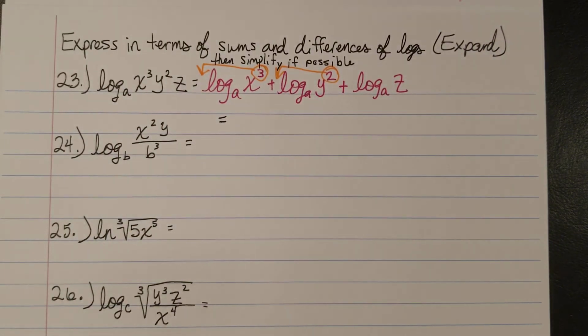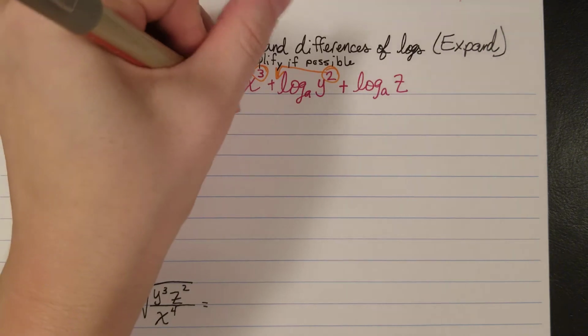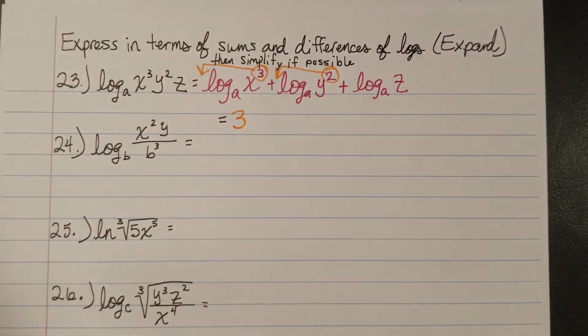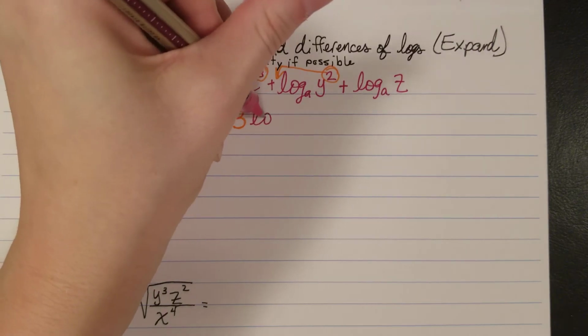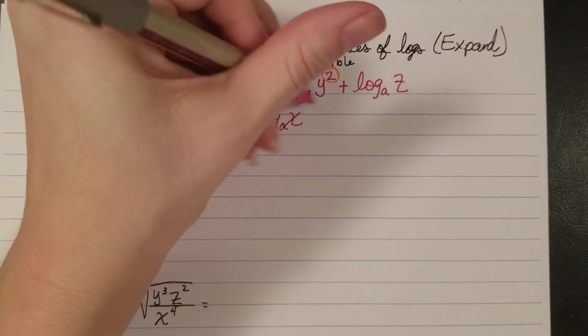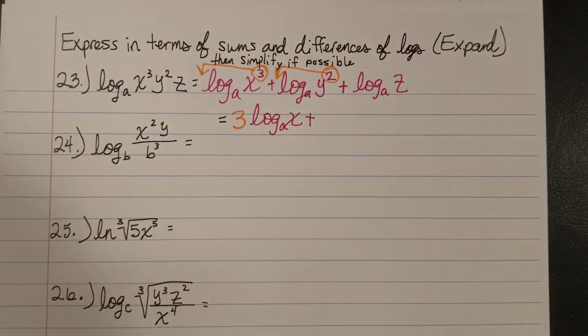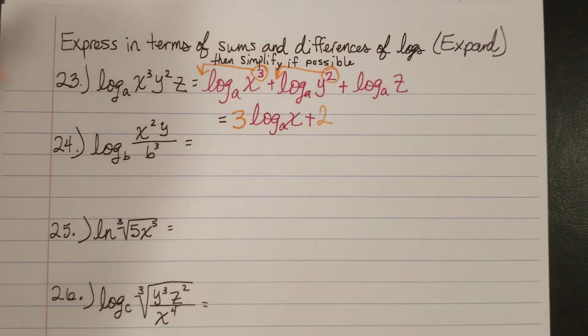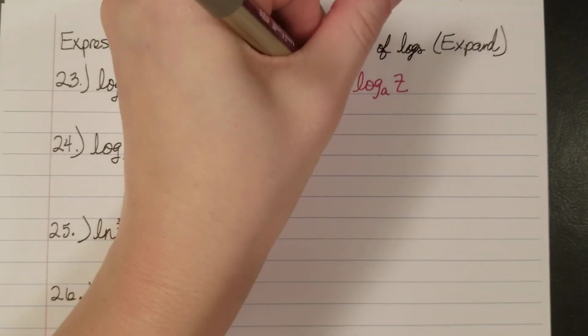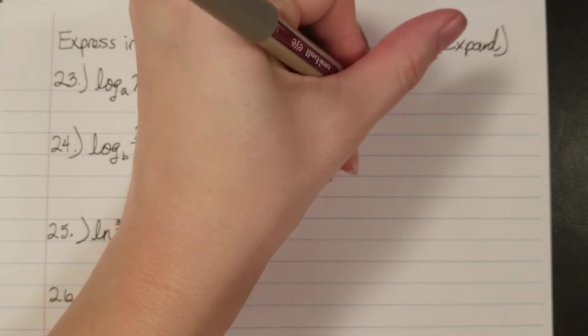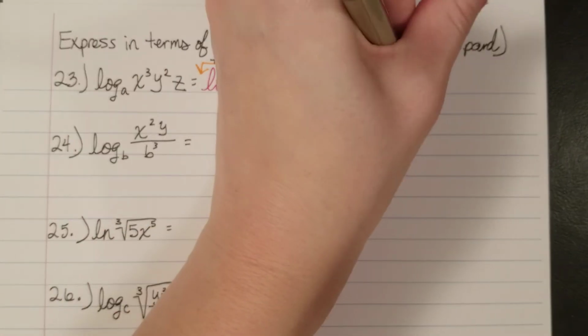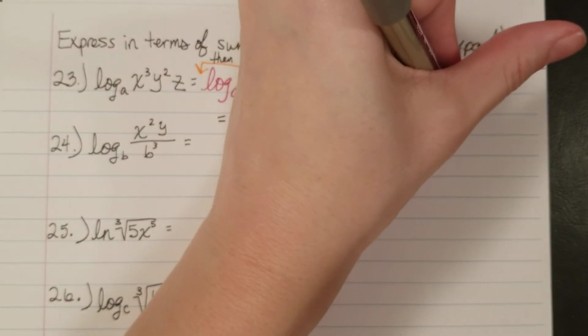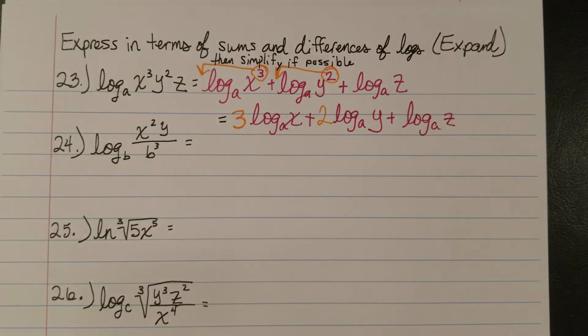So our final answer is going to be 3 times log base a of x plus 2 times log base a of y plus log base a of z. And that's our final answer.